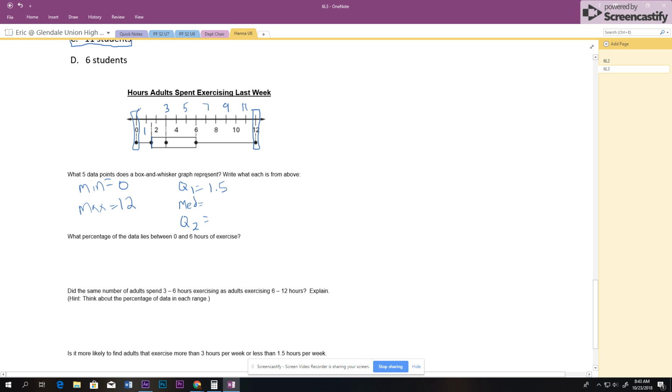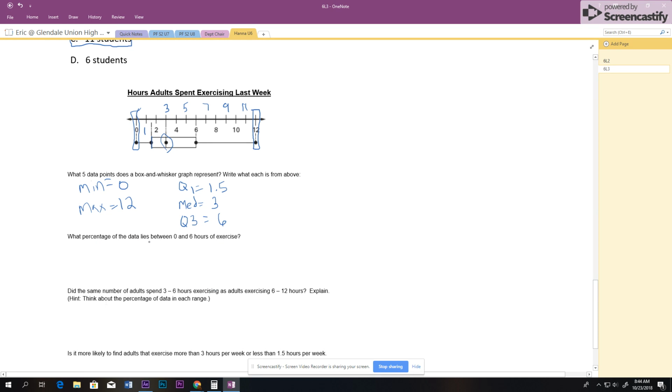Our median is this number right here in the middle of the box, which is 3. And our quartile 3 is this last number of the box, which is 6. And that's our 5-number summary and what each one of those is.